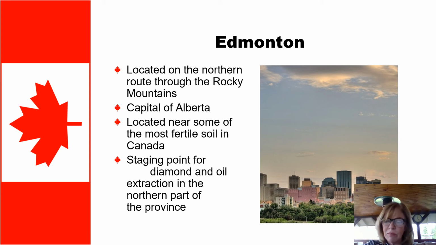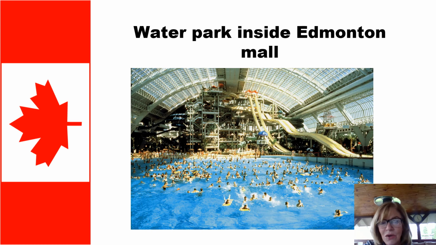This was where people would leave off to go for extractive resources, whether oil or diamonds or even gold, because you're up there. It's a modern city, and it's the northernmost modern city in Canada. So what they have to do is adapt to the environment, and look at this water park at the mall in Edmonton. That'd be pretty awesome, wouldn't it? It's just huge.